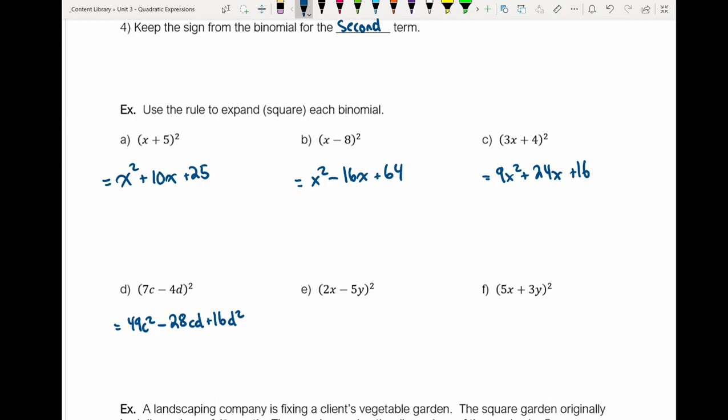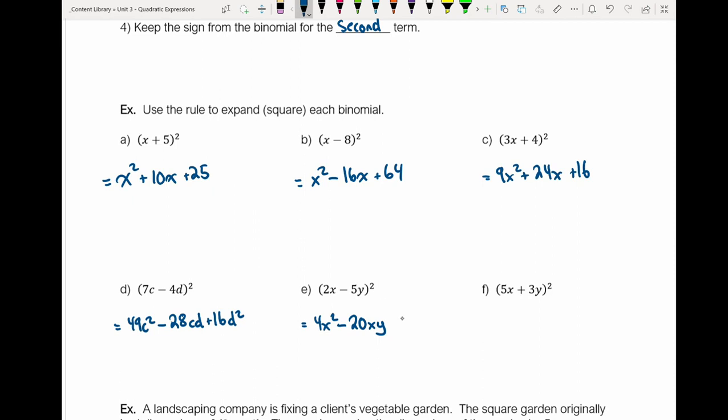So a little bit different when we have variables on both terms in our binomials, but the steps will roughly be the same. We just have to be careful that our middle term has both of those variables. So moving on to e, 2x all squared is 4x squared. 2x times 5y is 10xy. Doubled is 20xy. The sign is minus because that's the sign from our binomial.